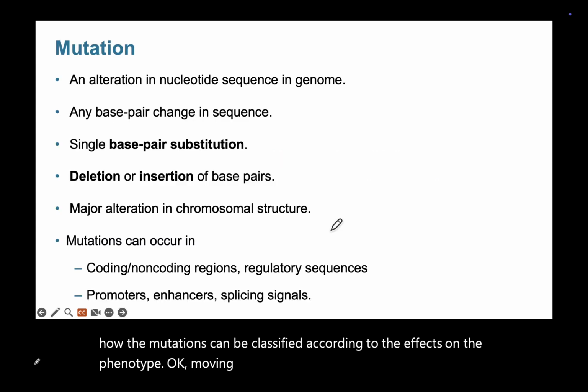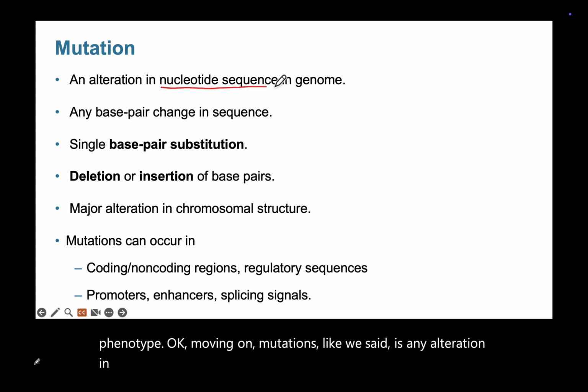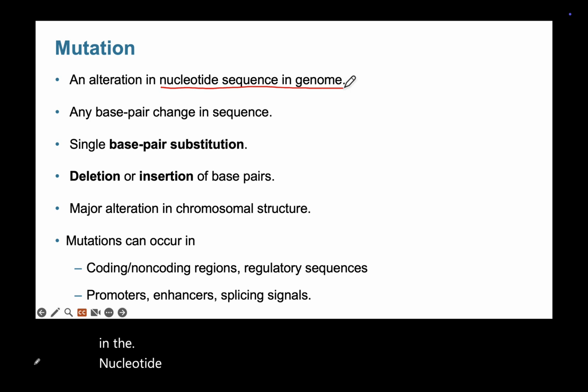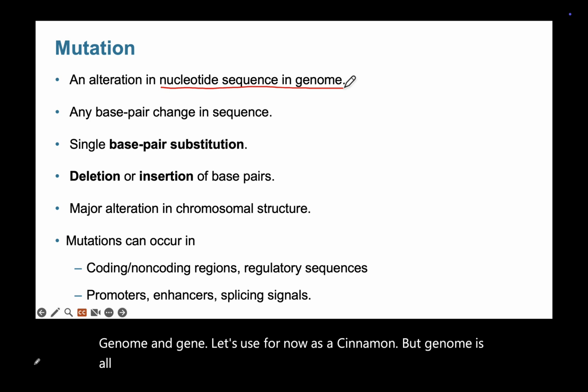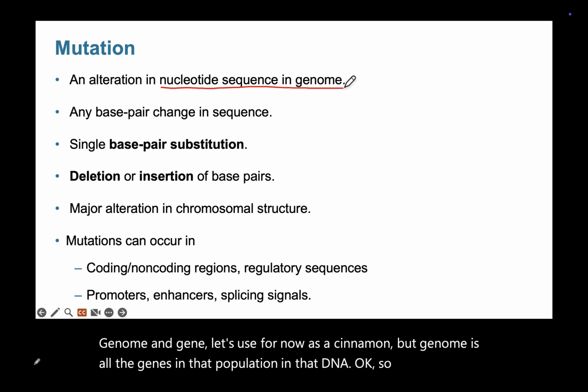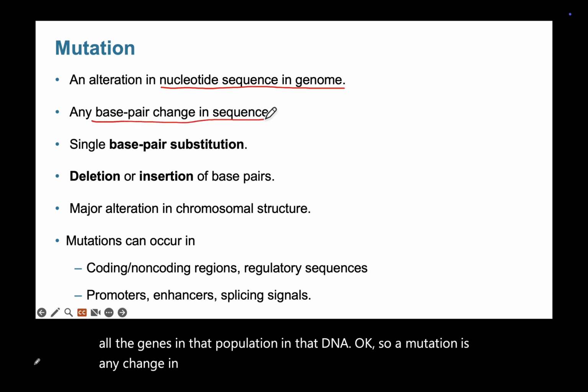Moving on, mutations, like we said, is any alteration in the nucleotide sequence in the genome. Okay? Genome and gene let's use for now as a synonym, but genome is all the genes in that population, in that DNA. Okay? So a mutation is any change in the base pair in the sequence of a gene.